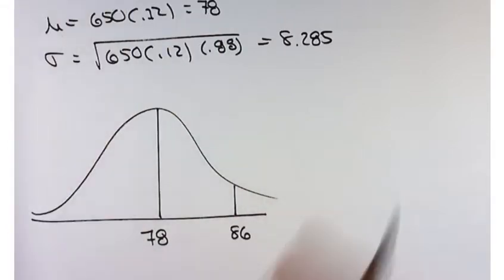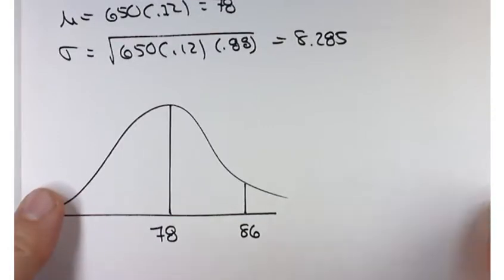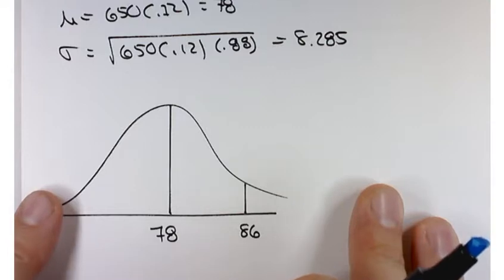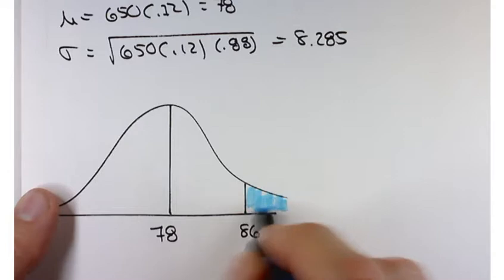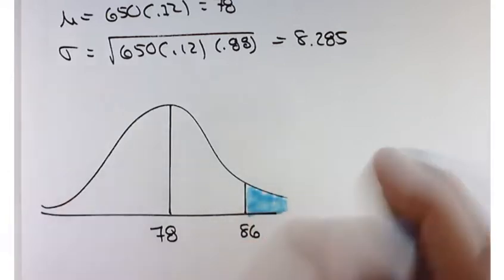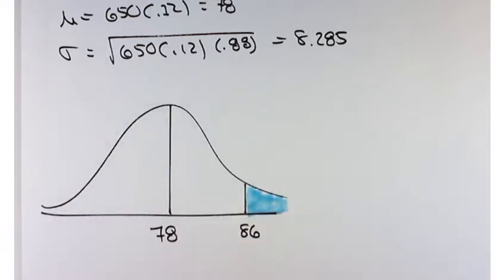So that's going to be out here. Am I going to shade to the right or to the left here? Good, shade to the right. And that tells me something important about my probability. Again, it's an area in the tail. It's going to be something less than a half, probably a fair amount less than a half, not sure. Depends on the standard deviation.